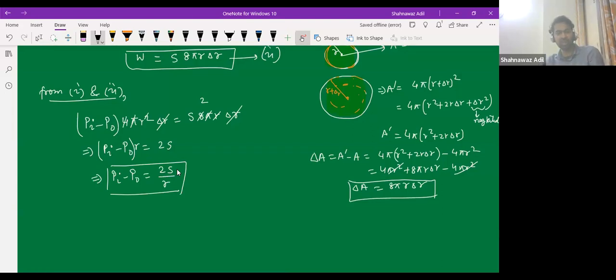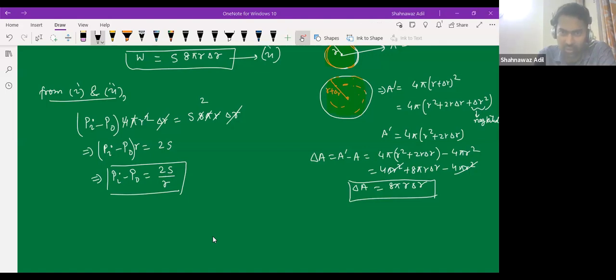Is this thing clear? So this is the excess pressure of the water droplets, water drop. Is this thing clear, guys? Yes, guys, I cannot hear you.